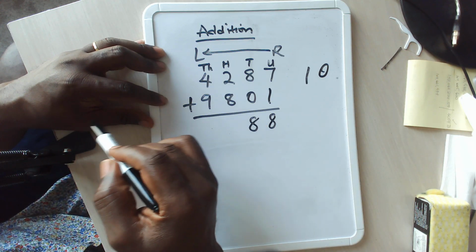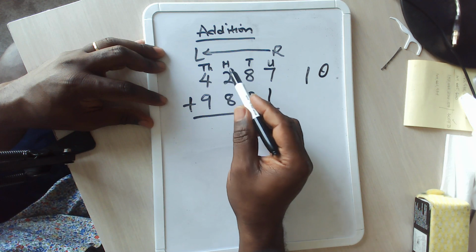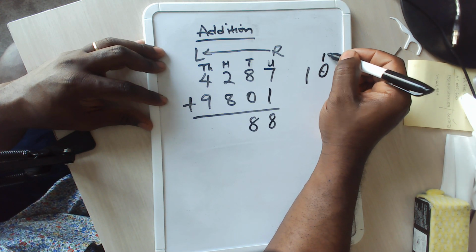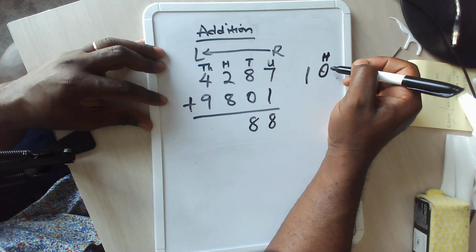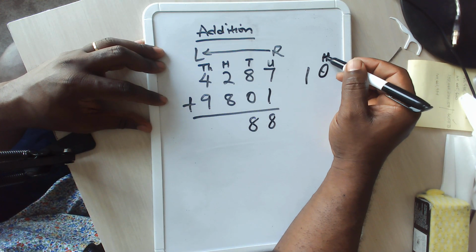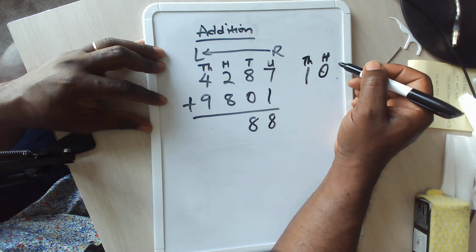Now we have more than one digit, so you have 10. Remember what I told you in the earlier example, since we are adding the column of unit of hundreds, the right digit will take the unit that we are adding currently, that's unit of hundreds, and this will be automatically unit of thousands.